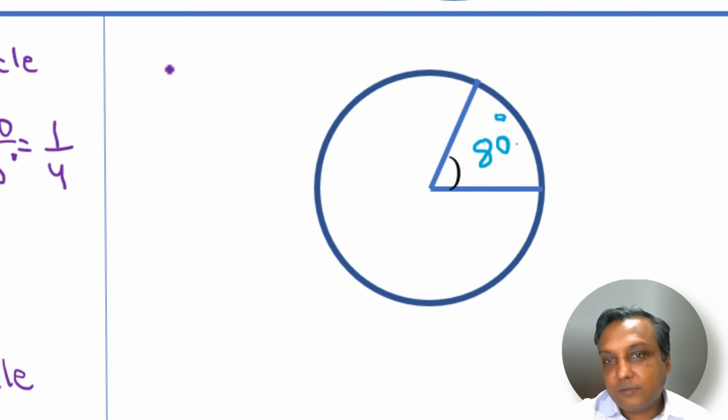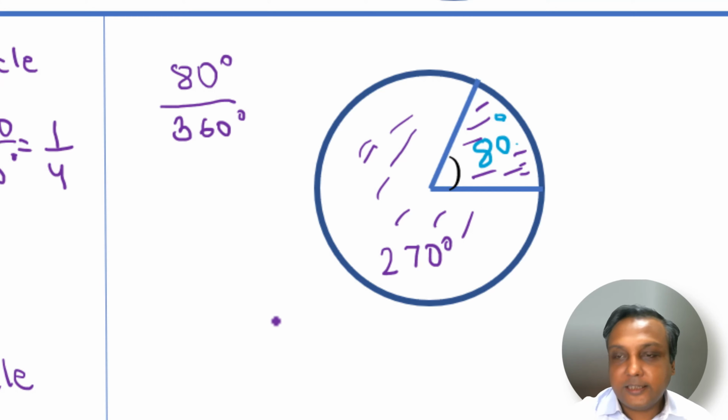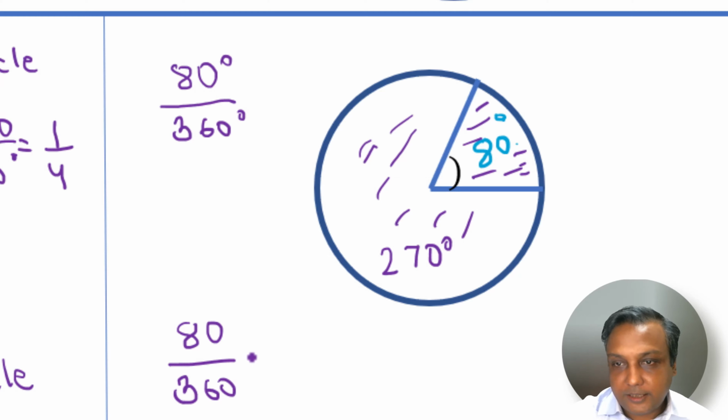In this case what we are going to do is simply take it as 80 degrees by 360 degrees, because this sector is 80 degrees and the whole circle is 360 degrees. 80 by 360, this is our ratio.